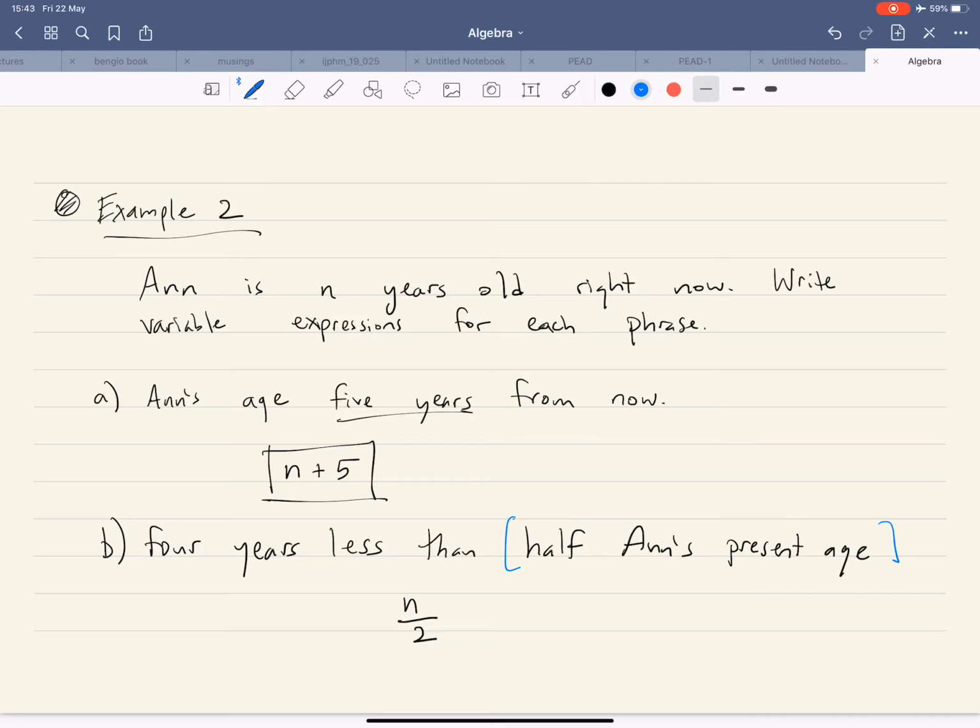And then it's 4 years less than that, so n over 2 minus 4, right? When we talk about something less than something in a phrase, usually there's going to be some subtraction happening.